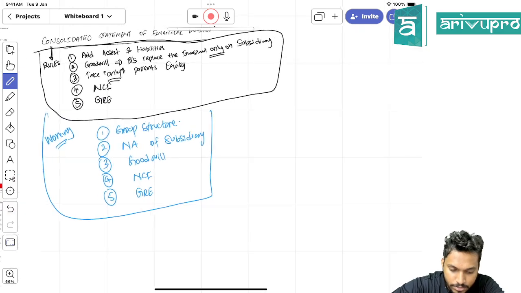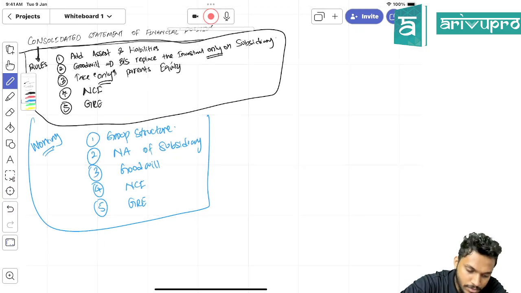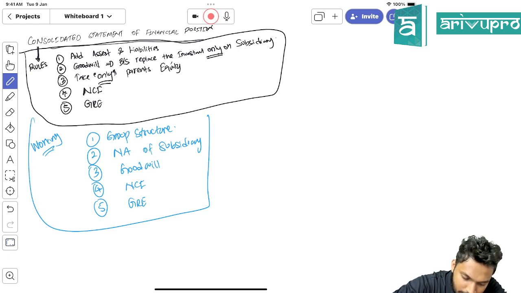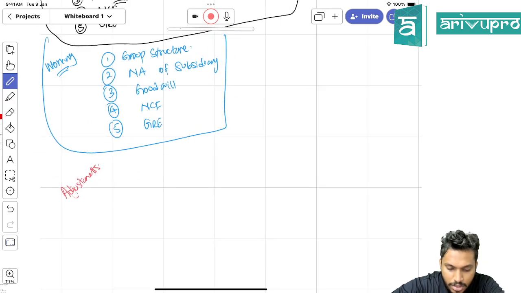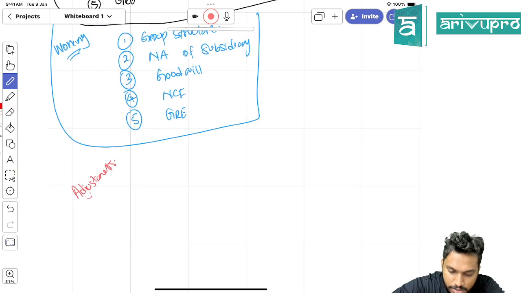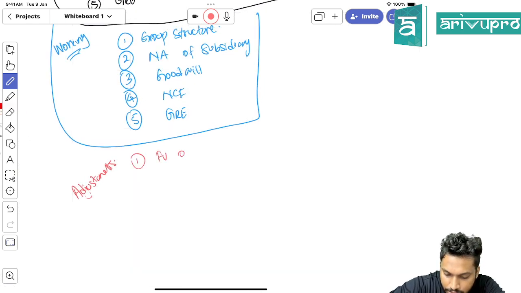Then the next part is adjustments. So when it comes to adjustments, first you need to understand the fair value of consideration, which means your goodwill calculation.